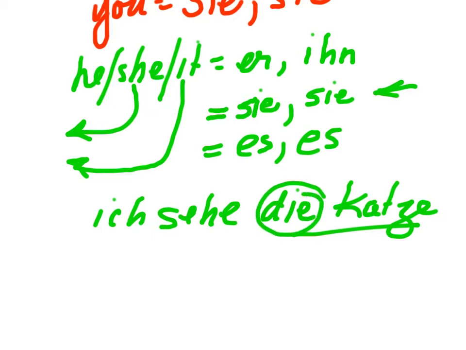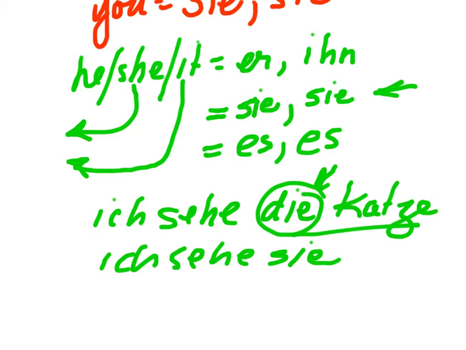We're going to get into that later. But I just wanted to make a quick mention, touch on it real quick. Ich sehe sie. I see her. Because the cat is actually a female, referenced in die. So, ich sehe sie.